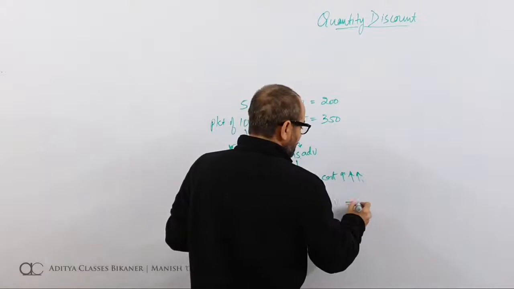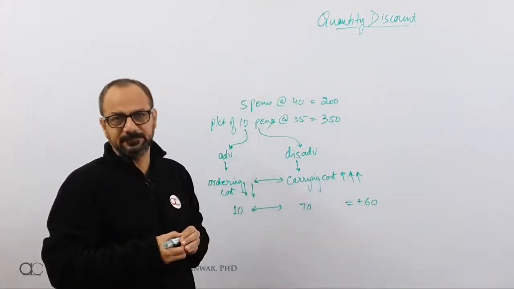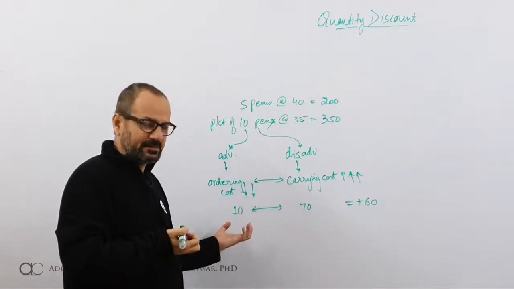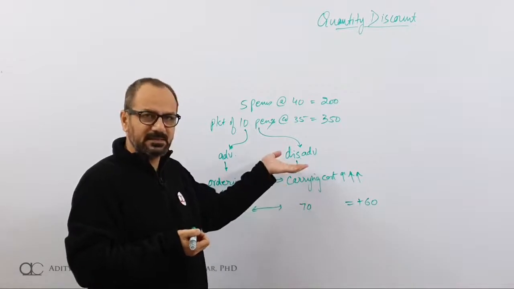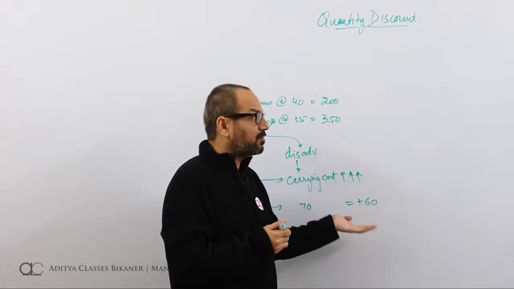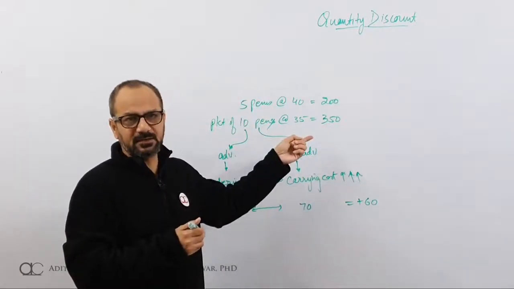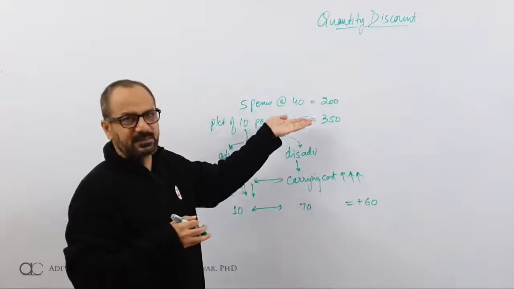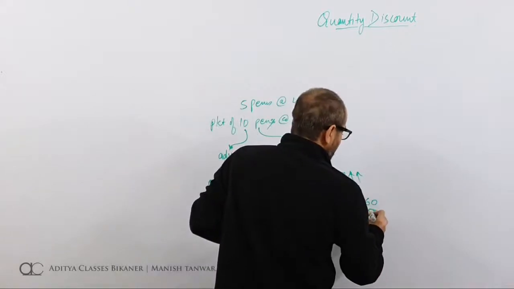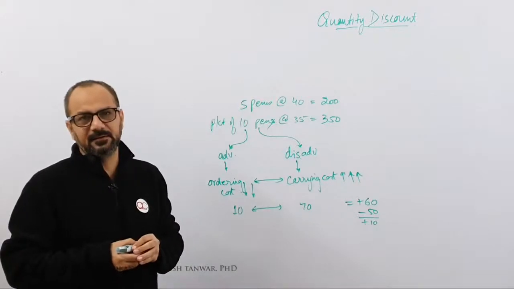The net result is plus 60. Understand? Now, if this saving is more than 60 rupees, then I will go for quantity discount. Suppose if I go for this quantity discount, I will be saving 50 rupees. Save 50 rupees, still my net scenario is plus 10.